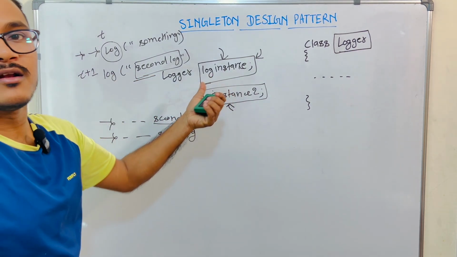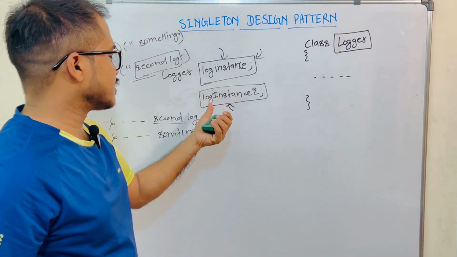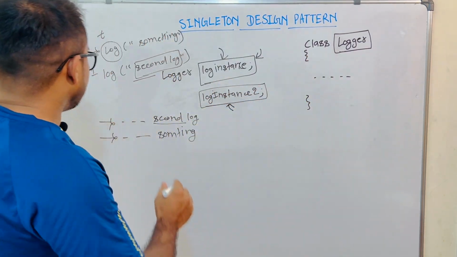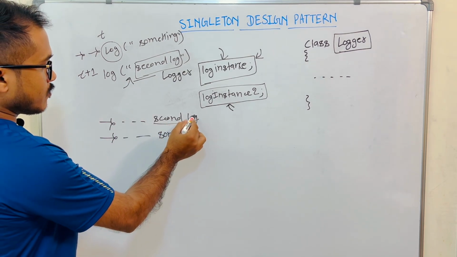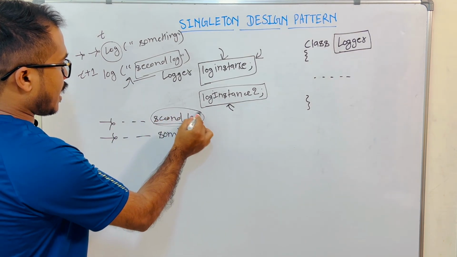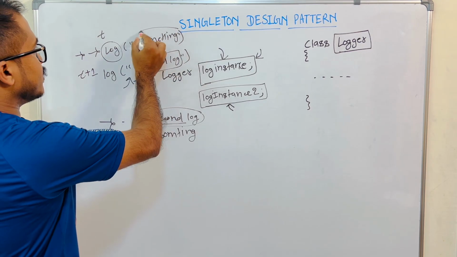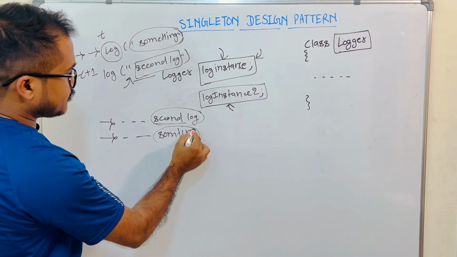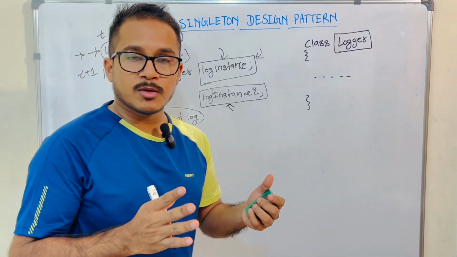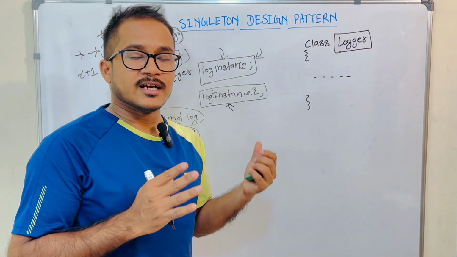But because there were multiple instances of this logger inside our system, the log which came at a later point in time got logged first, and the log which was supposed to get logged first got logged second. So this is one of the problems where we can use singleton design pattern.